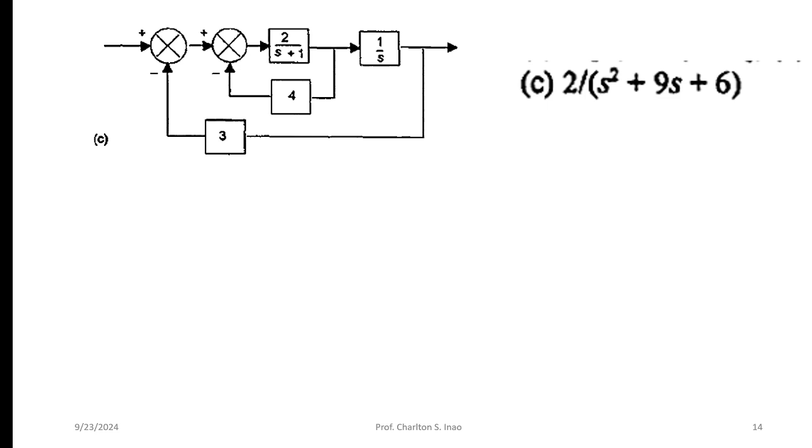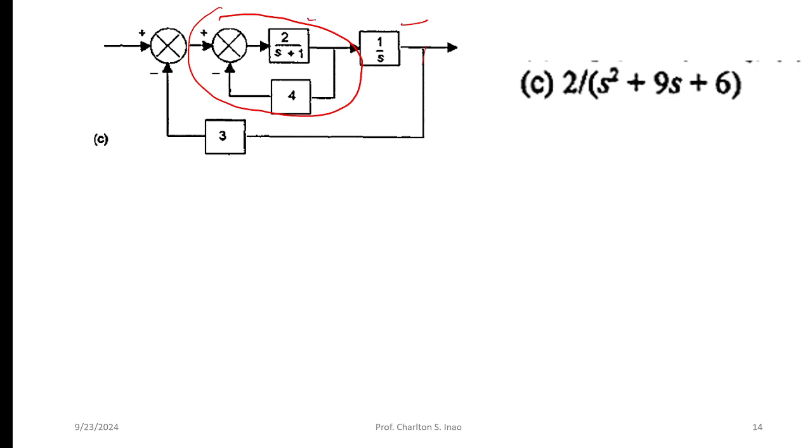So number 3 is this. So how do we simplify that? First, we're going to simplify this term here to eliminate the summing junction. We cannot just simplify this because it is attached with this feedback loop, right?